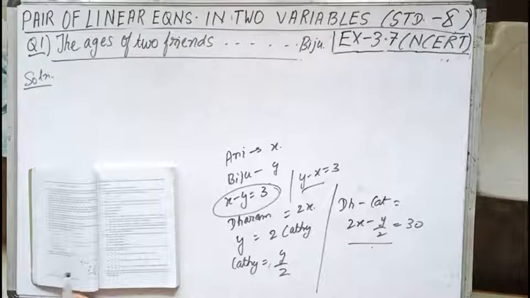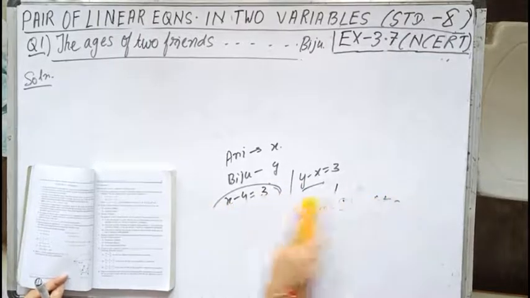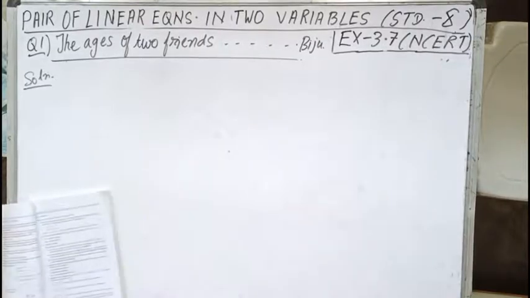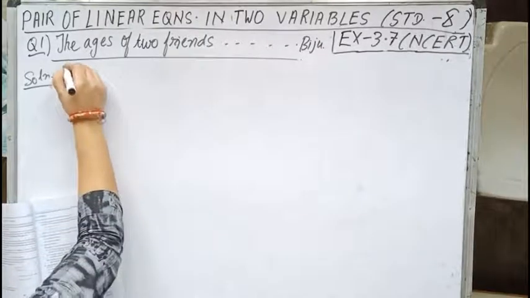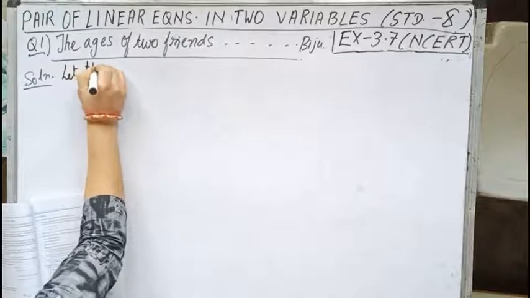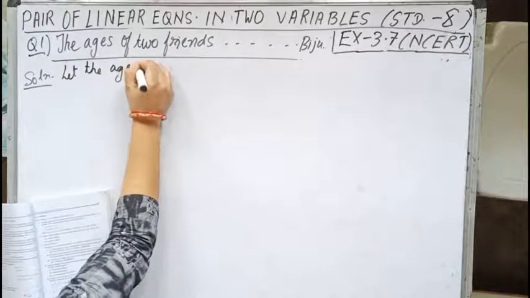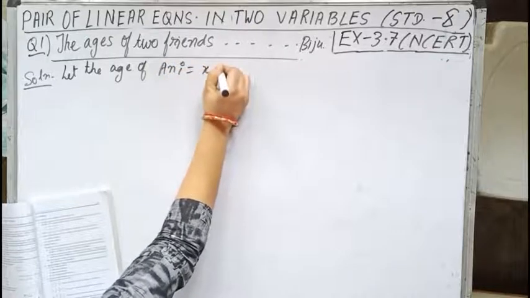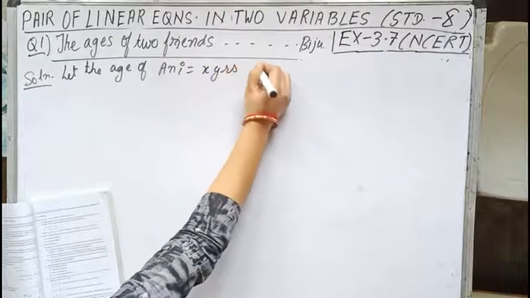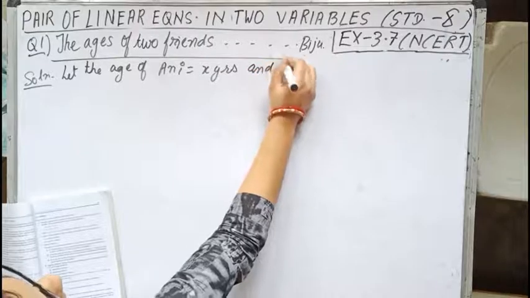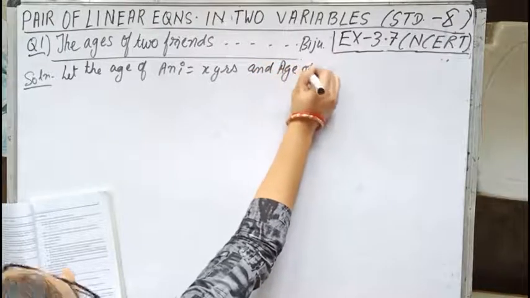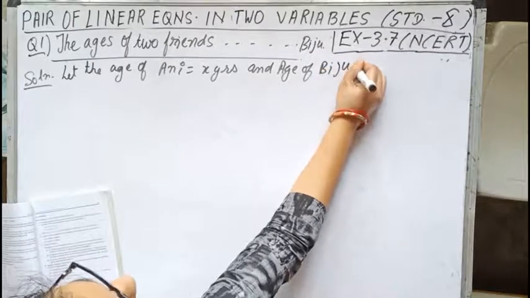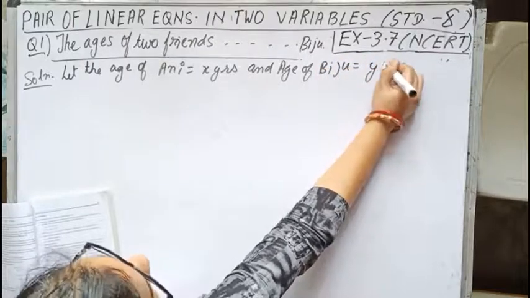So let us start the solution, children. Let the age of Annie equal x years and the age of Biju equal y years.